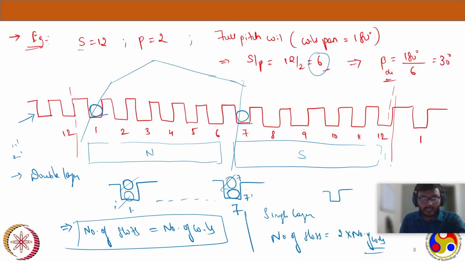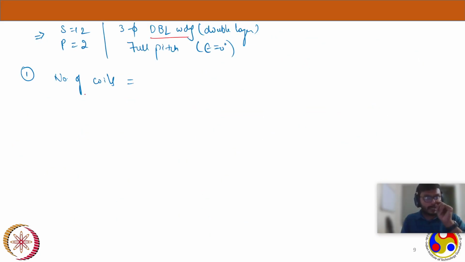See, I just told you, in a double layer winding, number of slots is equal to number of coils. So I asked the number of coils. It is 12. Correct. It's 12, since slots is equal to coils in double layer winding.